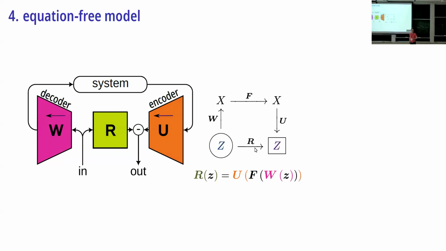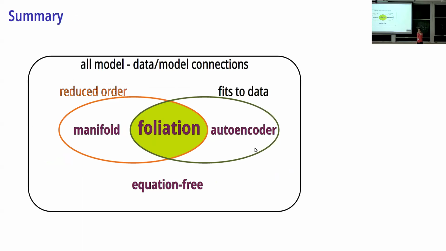And this works when you can run lots of small micro simulations, but you still have an invariant manifold somewhere that the simulation itself will always converge to that manifold, right? And in this case, you can pretty much choose any U and W, and you get your reduced order model from that invariance equation.